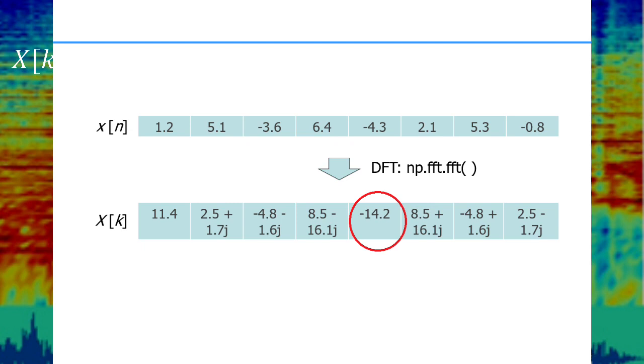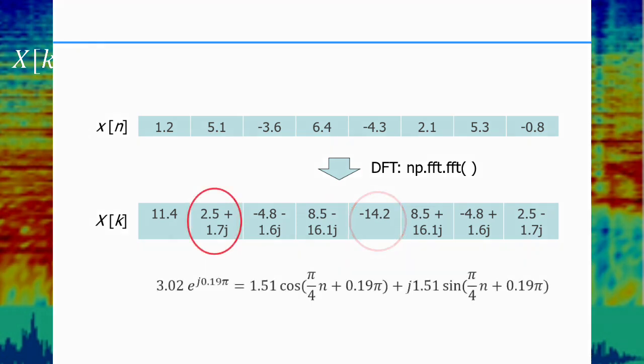And third, you now know that a number such as 2.5 plus 1.7j means that the signal x of n contains a discrete time complex exponential, or if you like, cosine and sine combination, with an amplitude equal to the magnitude of 2.5 plus 1.7j, which is 3.02, and a phase of the arctangent of 1.7 over 2.5, which is 0.19 pi. In other words, we now know the frequency, its amplitude and its position relative to n is 0.